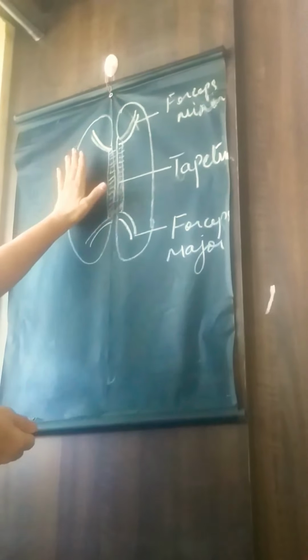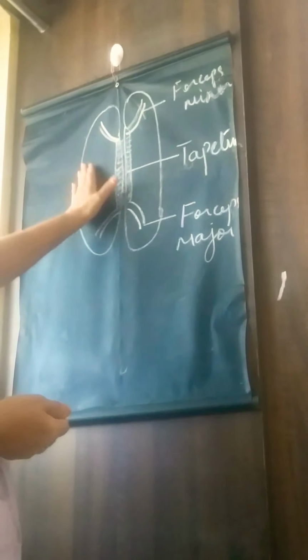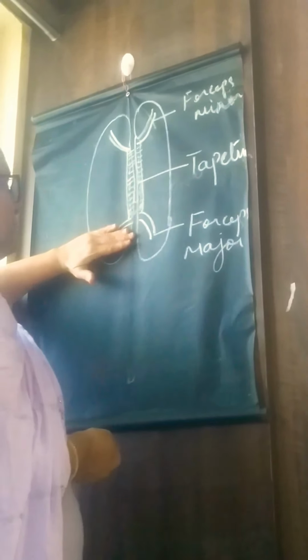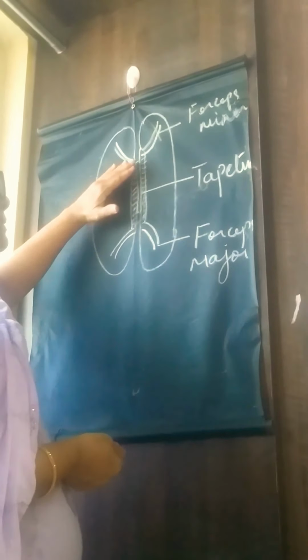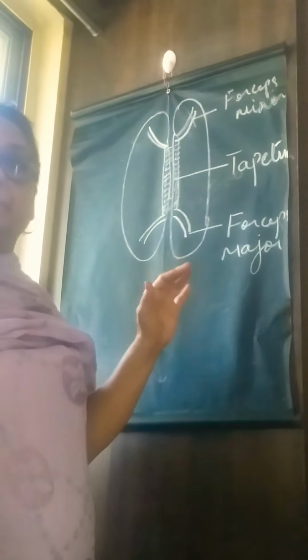So the two cerebral hemispheres are connected with each other anteriorly by the forceps minor, posteriorly by the forceps major, and in between by the tapetum.